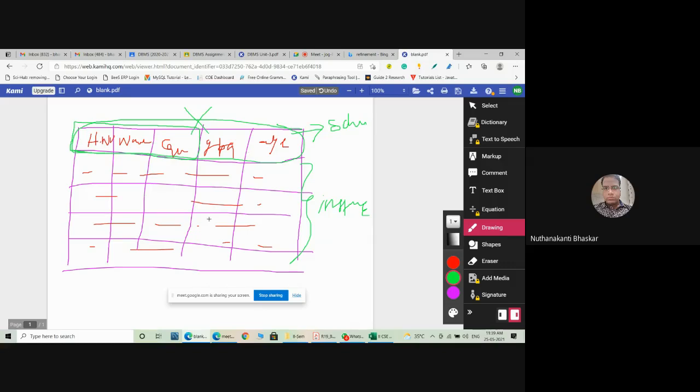Like that, I divide my table into two tables: one is the student table, another is the grade table. The article number, GPA and age is one table, and article number, name and gender is another table. So like that, we can divide the table. That is decomposition. Understand?